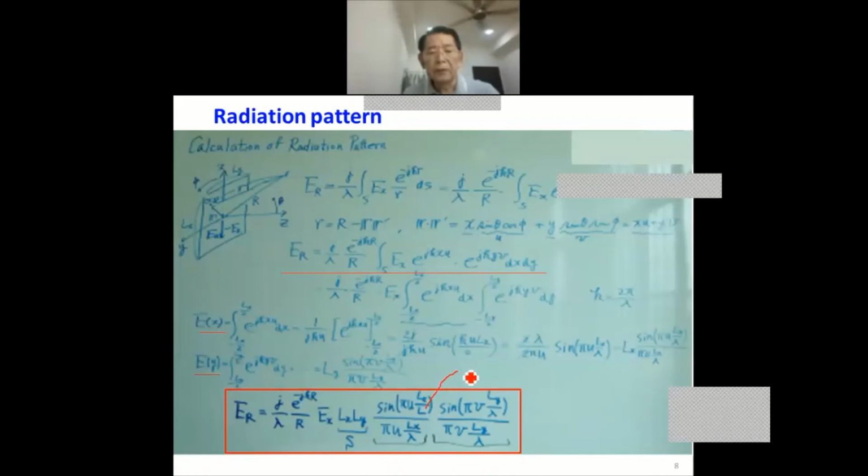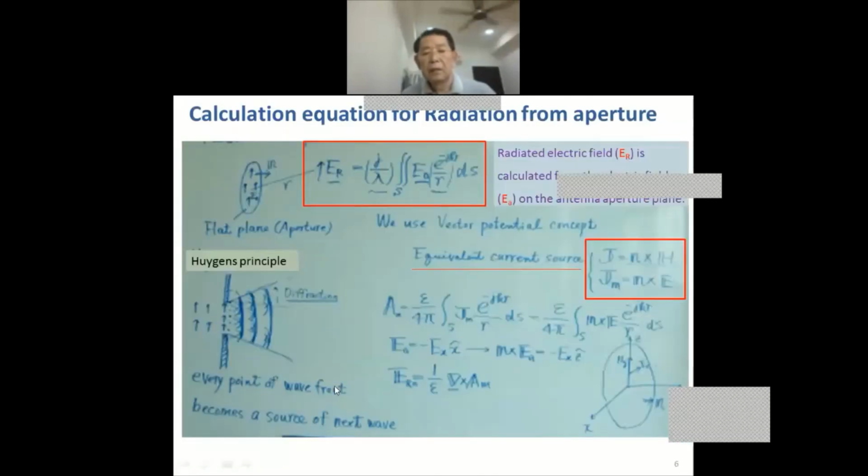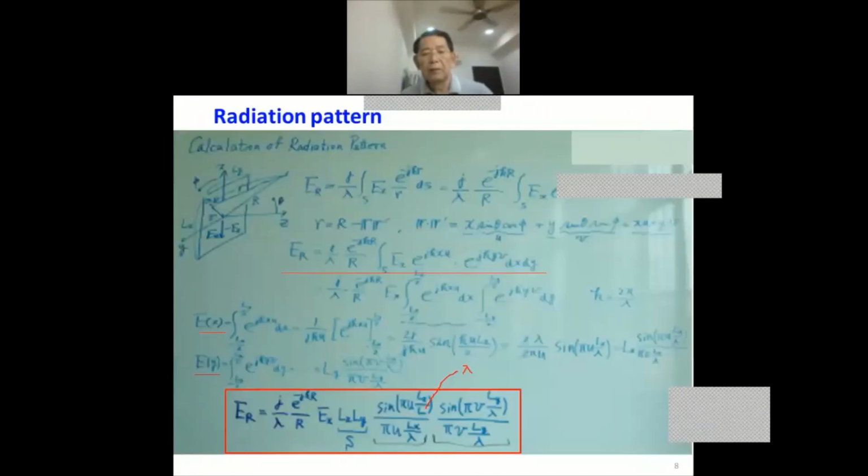This is lambda. Now, same as by u divided by lambda. So this and this function are the same.